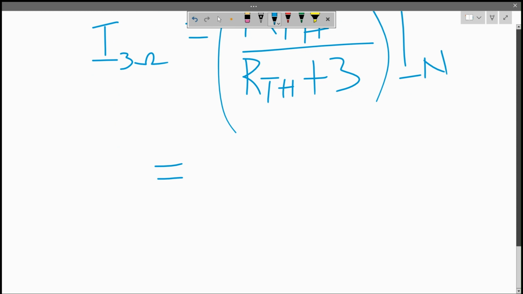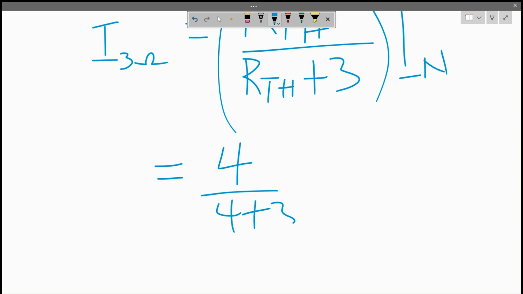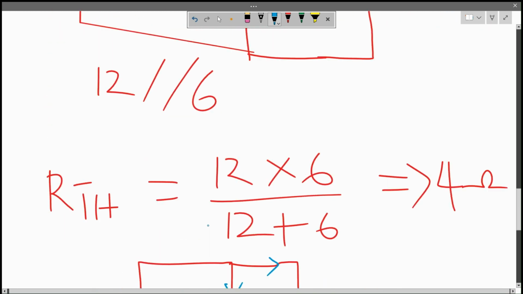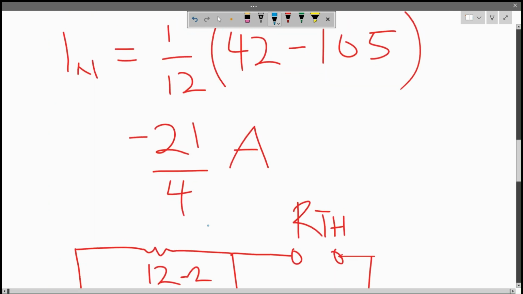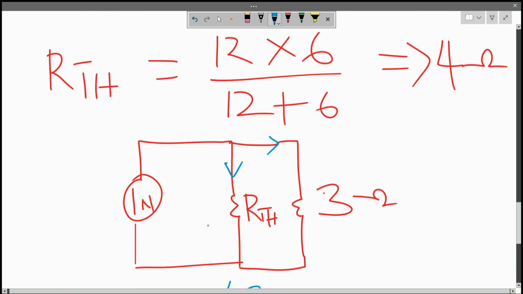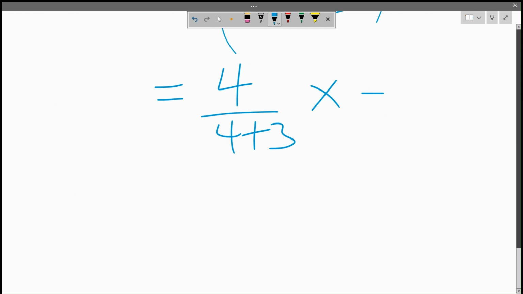Now we know our RTH to be 4 and our IN to be negative 21 on 4.